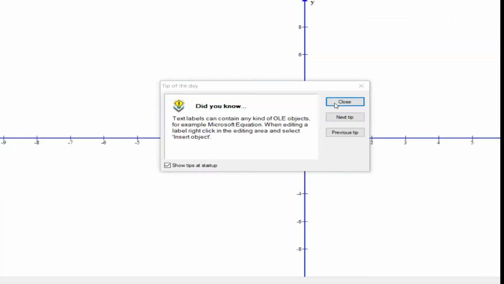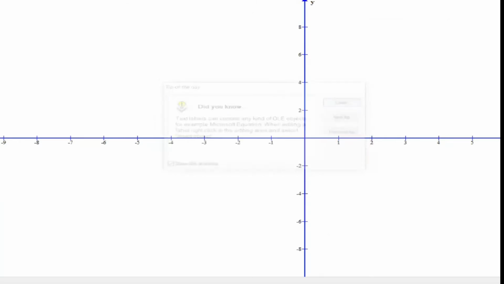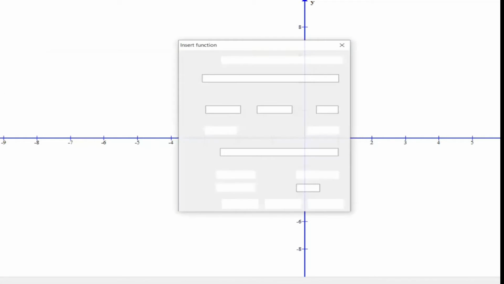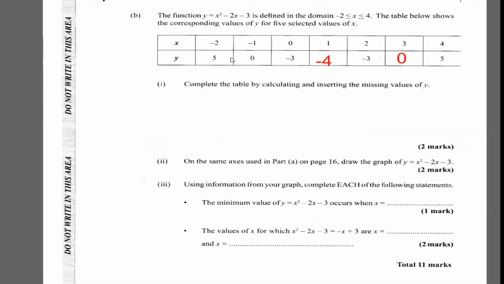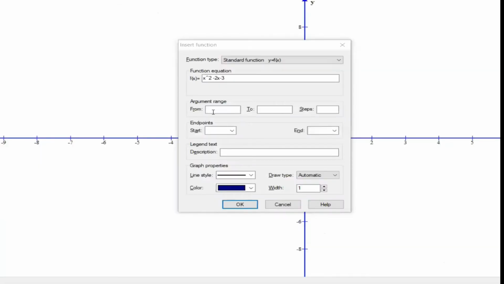So this is known as Graph. It plots graphs for us. So we're going to go to function, insert function, and the function that we're drawing is x squared minus 2x minus 3. And we're going for the domain. And the domain, as we saw, is from -2 to 4.